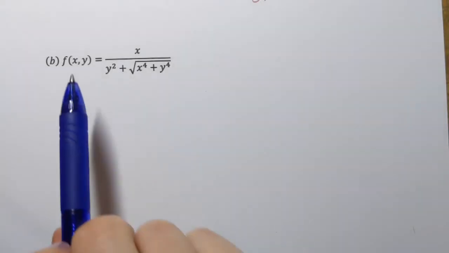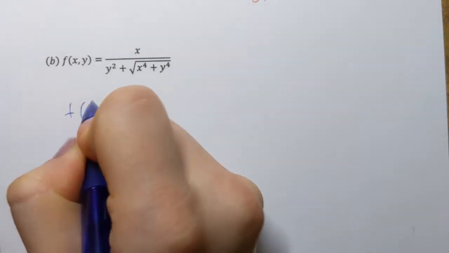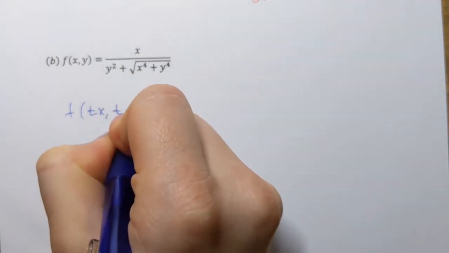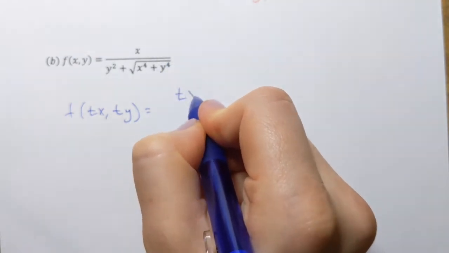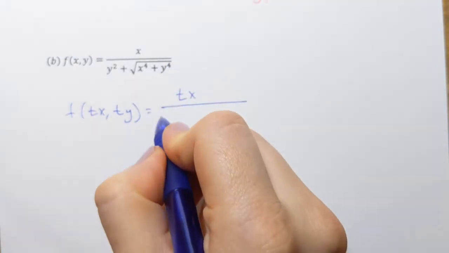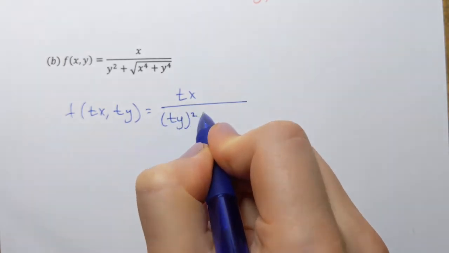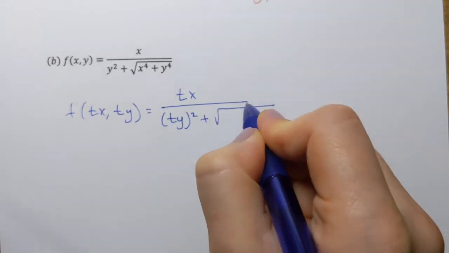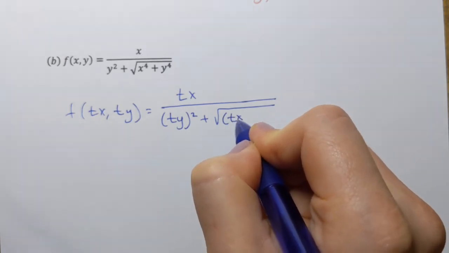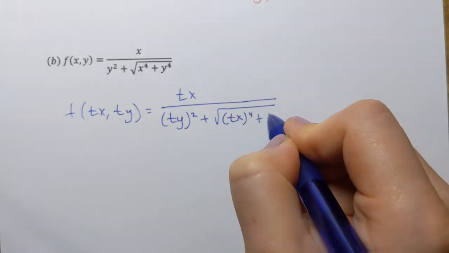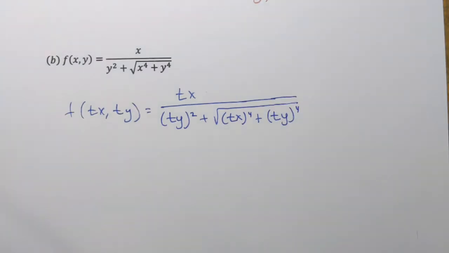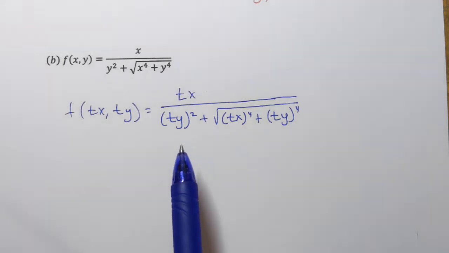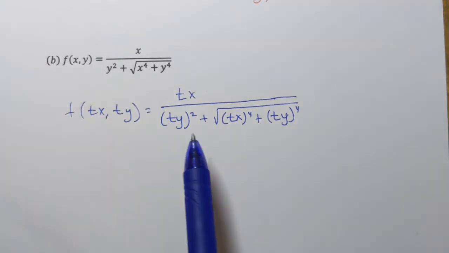Second example looks like, well, let's repeat the steps. I need to obtain f of tx, ty, and that means that I'm plugging in tx for x, so the numerator is tx, and the denominator is ty squared plus tx to the fourth power plus ty to the fourth power. And now since my goal is to confirm homogeneity, I'd like to do as much as I can to factor out t.